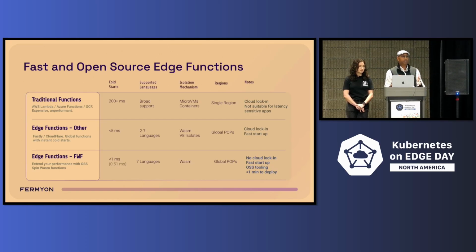You're renting performance and not owning your portability. And then here at the bottom, Fermyon edge functions. That's our open source built on Spin, sub 1 millisecond startup, 7 languages, no cloud lock-in to deploy.